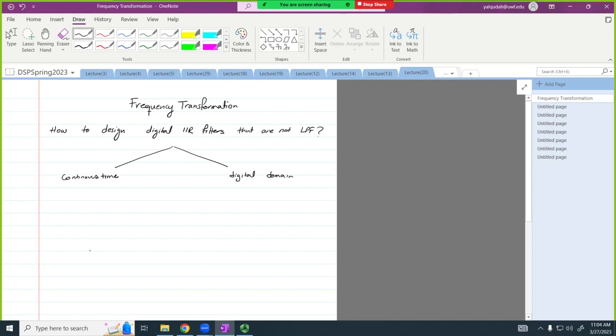In the continuous time domain transformation, we're going to design a low-pass filter, then apply frequency transformation, and then convert the transformed filter to a digital filter.